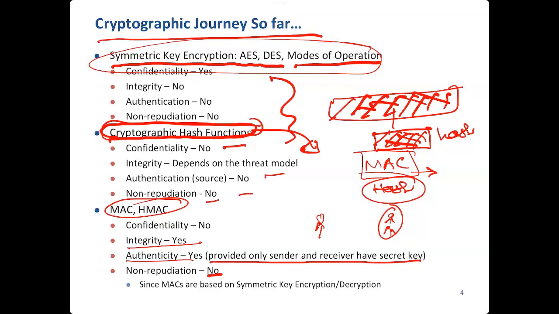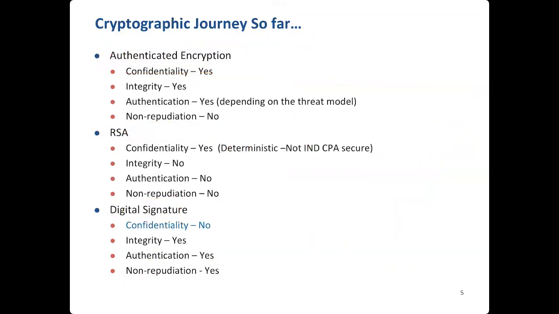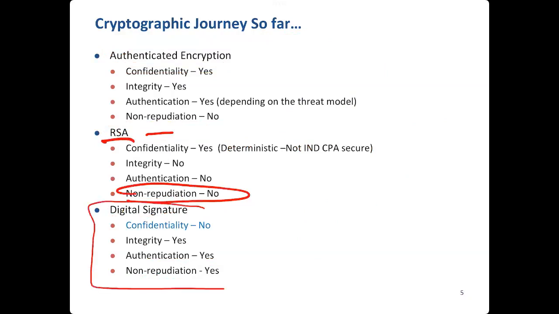It is very difficult to find out who is telling the truth. We want to achieve this non-repudiation property, and we have seen that even asymmetric encryption cannot provide it. Digital signatures are the only way to have non-repudiation.